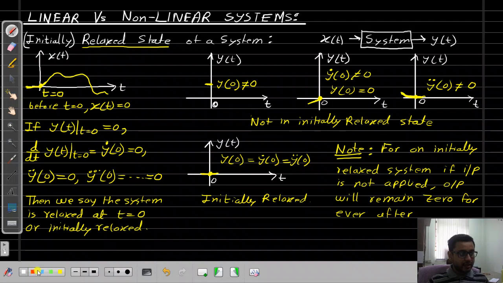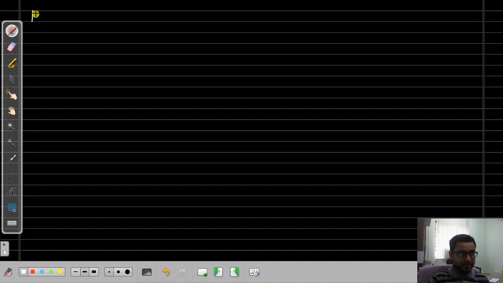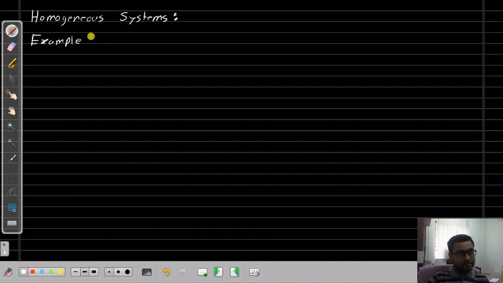Now we shall learn about homogeneous systems. Let us learn with an example. Suppose we have an object on flat frictionless ground and you can apply force on it.